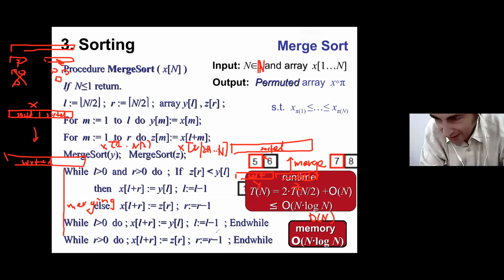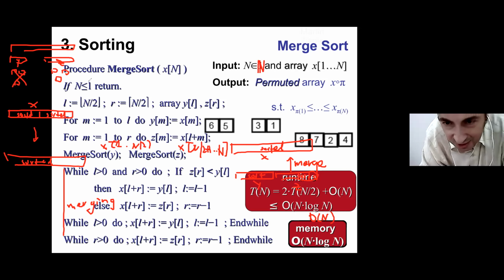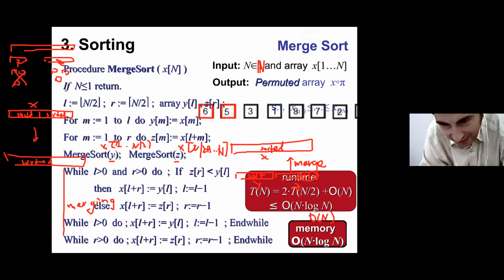So you can make this efficient and memory efficient comparatively, but you always have this problem. Okay, you always have this problem that you need to copy. This is a fundamental issue in this merge sort algorithm, that you always need to create an extra copy. And the reason is, okay, again, that at this point here, we do not know whether everything in Y is less than or equal to everything in Z. If you knew that everything in Y is less than or equal to everything in Z, then all this merging procedure would not be necessary.